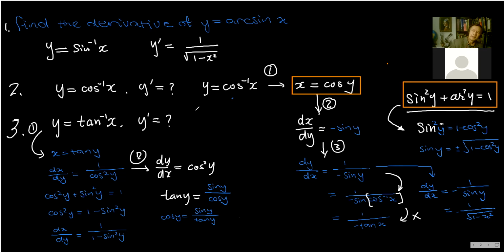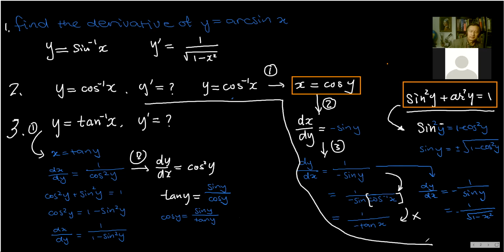This is a challenging one because there's no guideline, see? So we have to think how to rewrite this cosine square y in terms of tangent x. Not necessarily tangent x, but we just rewrite that as x.